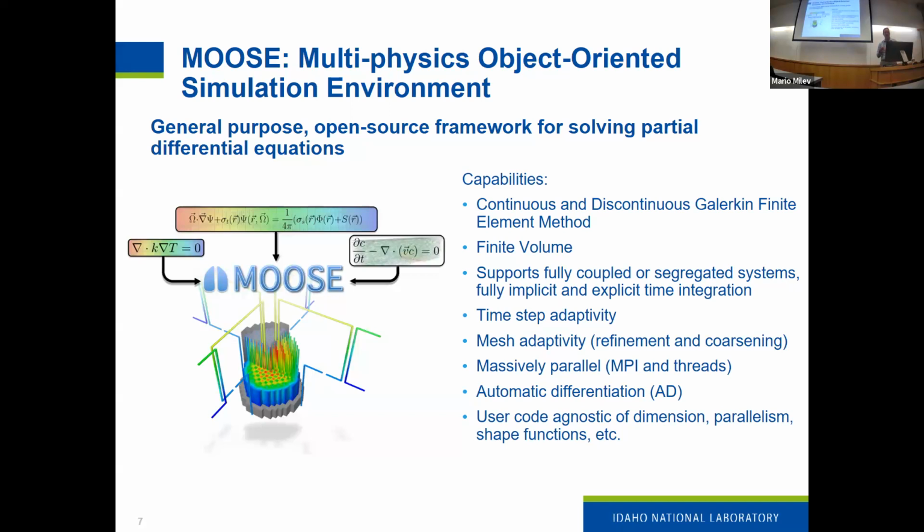And then the code has a lot of flexibility. It's agnostic to dimension, parallelization, and finite element shape functions that you might use. So basically it allows the folks that are trying to write equations and solve them to focus on that part of it, while a lot of the underlying work is already taken care of.